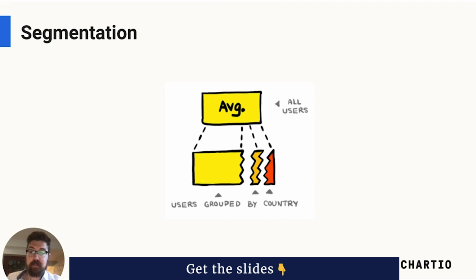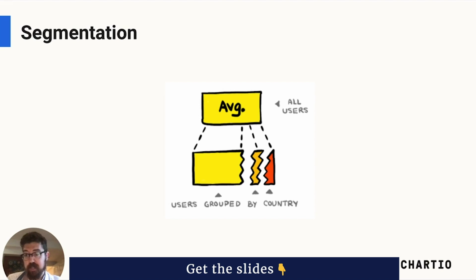Another common problem is, say you did look at the average and the distribution behind it, and it did look like it lined up well. It was fairly normally distributed, and the average is right there in the middle. One way that this average might still be misleading is that all of that data might be comprised of different groups.